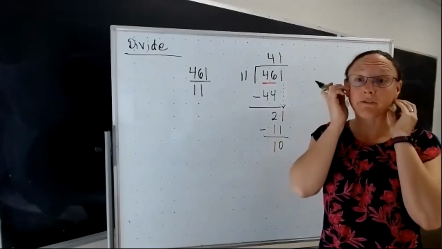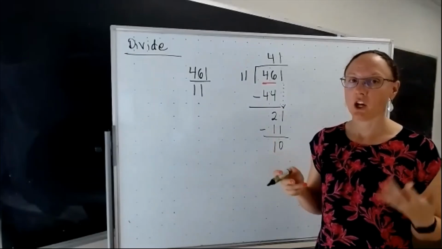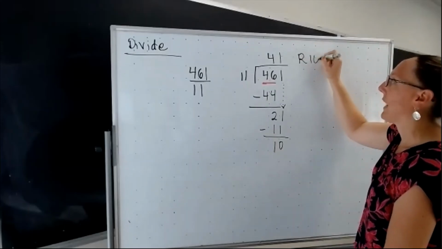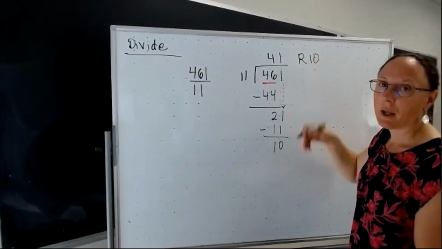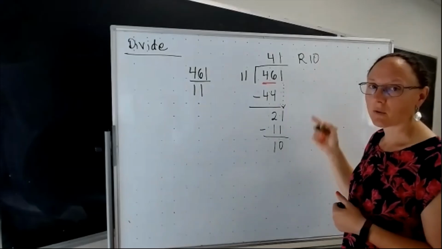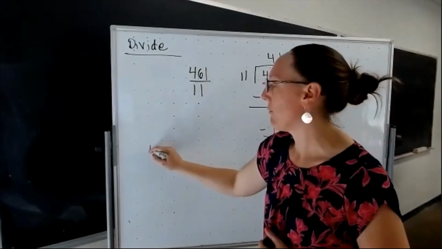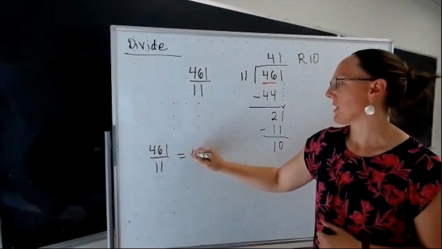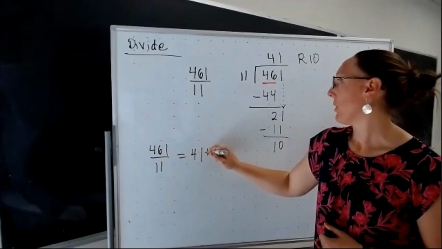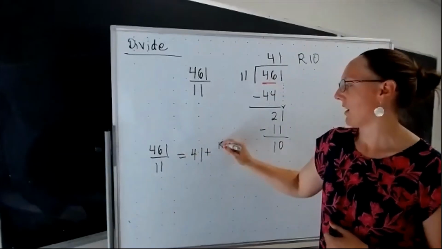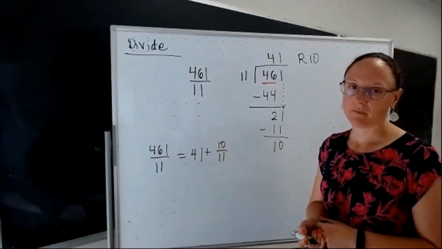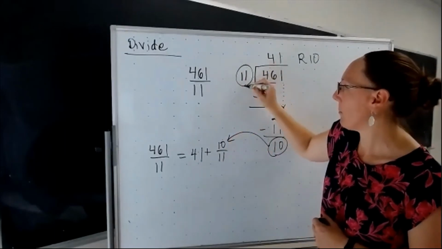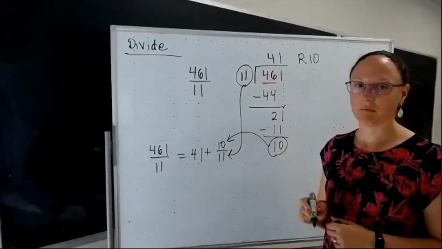Now, when you were first learning to do division, you might have written the answer as 41 R10, or remainder 10. But the mathier way to write that remainder is to say that 461 over 11 is equivalent to 41 plus 10 over 11, because I put my remainder on the top and I keep my denominator the same.